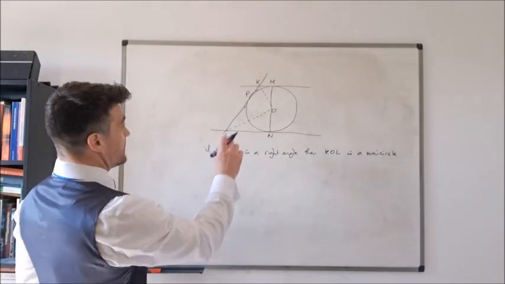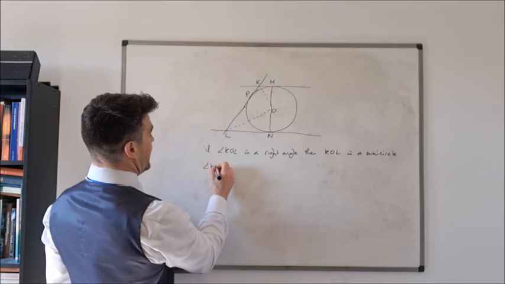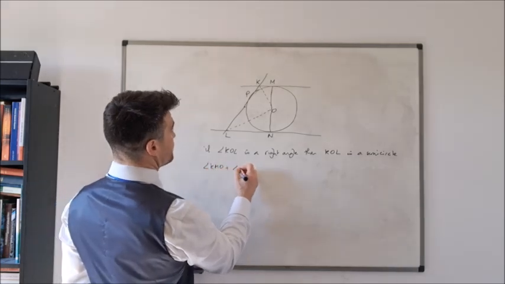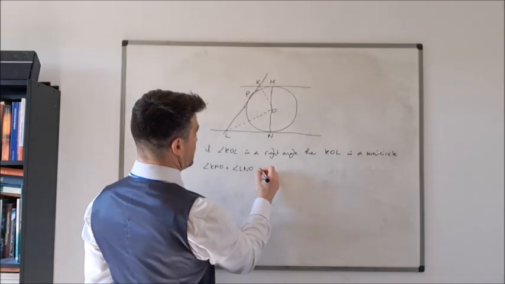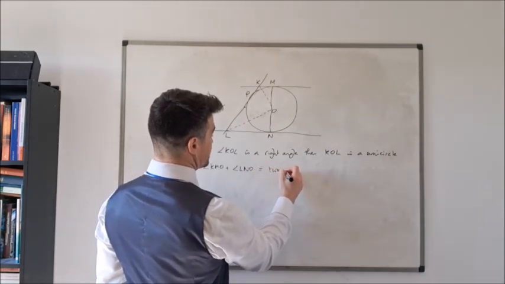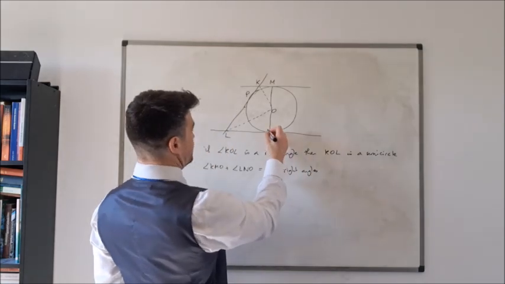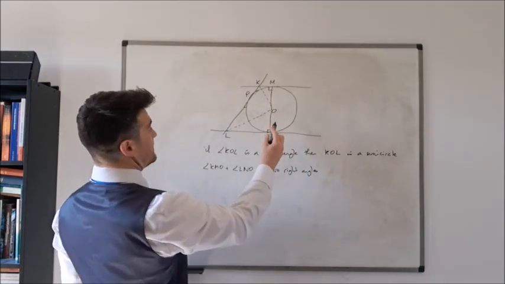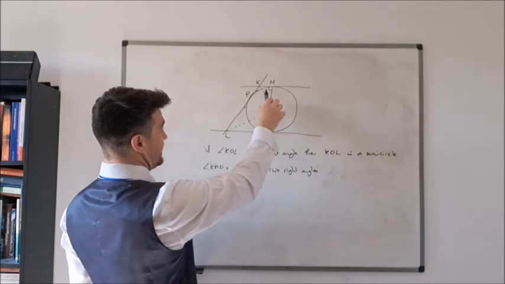But angles in a quadrilateral add up to 2 pi or to 4 right angles. Okay, so angle KMO plus angle LNO are going to be equal to 2 right angles. This and this. OM is a radius and it meets a tangent at M, therefore they meet at right angles.